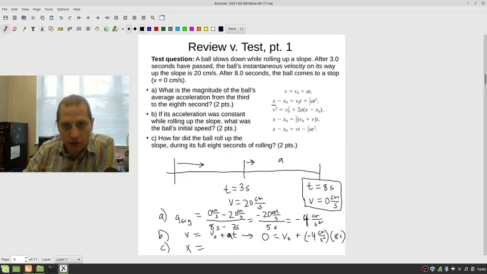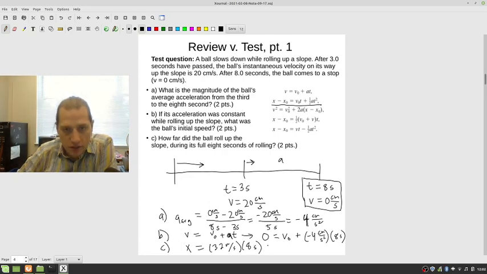Let's just use our initial one here. V naught would be 32 meters per second times 8 seconds plus minus 4 centimeters per second squared times 8 seconds squared.